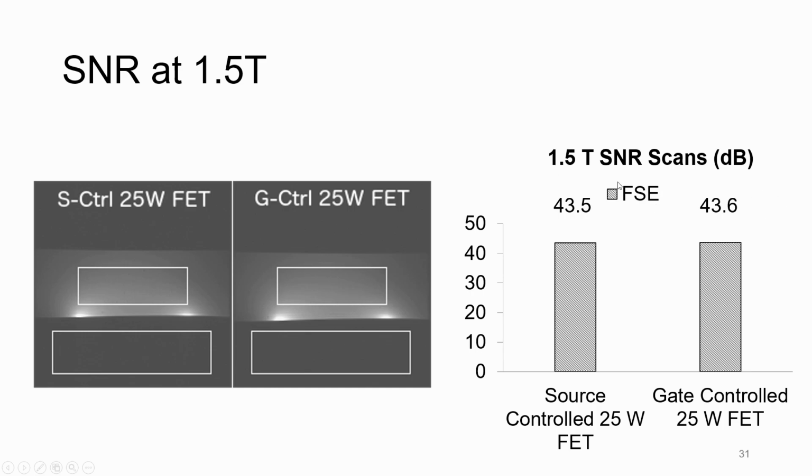Okay, there's a 0.1 difference in this result, and from this and other results, we basically concluded that there is little difference in SNR performance between these 2 different schematics. And so for our 3 Tesla scans, we only built one of them for a comparison with the other conventional Q-spoiling methods.